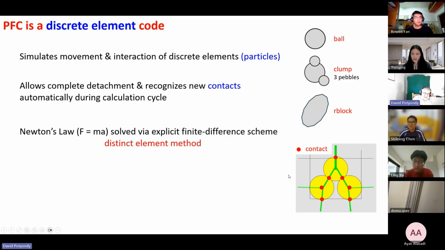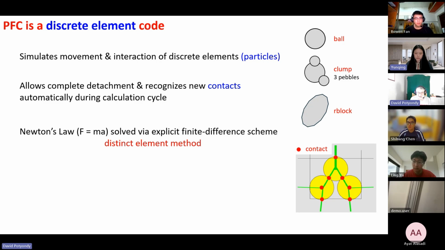We are enforcing Newton's law, which is a differential equation, but we're doing it using an explicit finite difference scheme, and we'll go through the basic equations for that. And doing this is what makes it become the distinct element method. There are many different ways that you could make a program that allowed particles to move around.